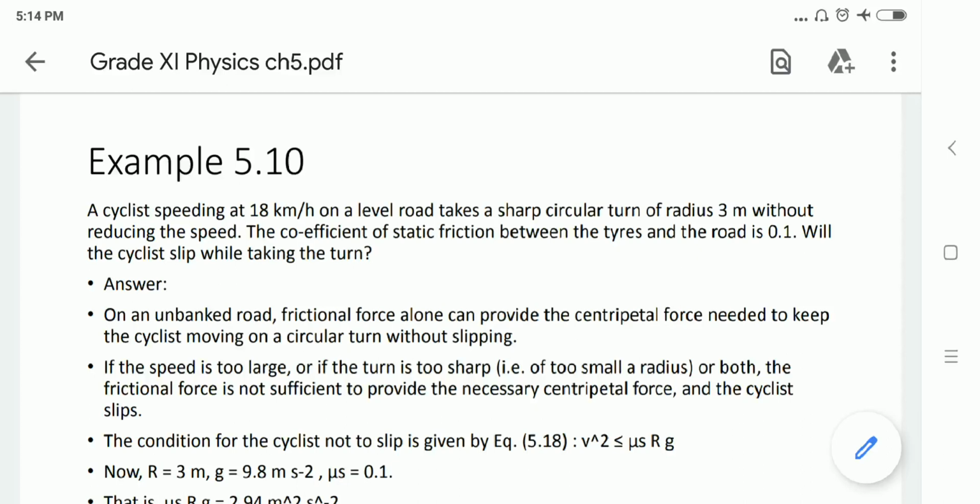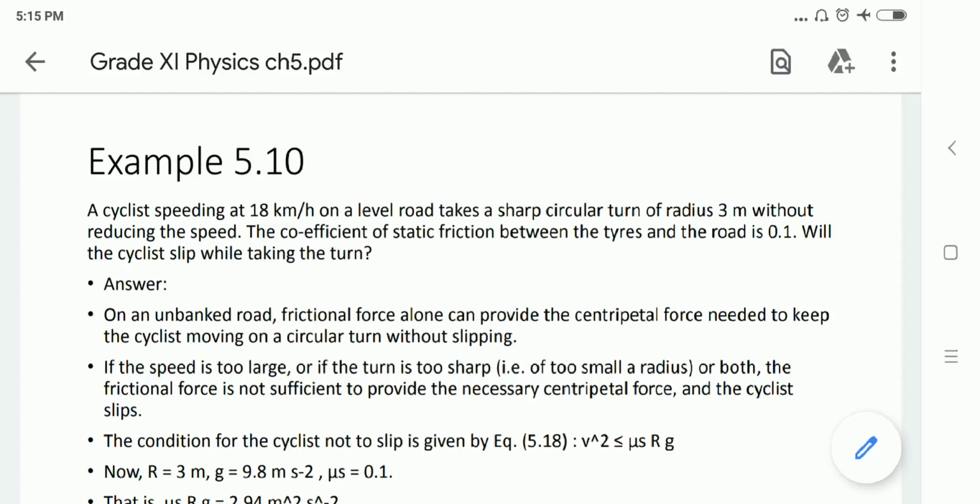So here we can say that the condition is not fulfilled and the cyclist will slip while taking the circular turn, since v square would be 25 meter square per second square. The cyclist is taking the turn at 18 km per hour.